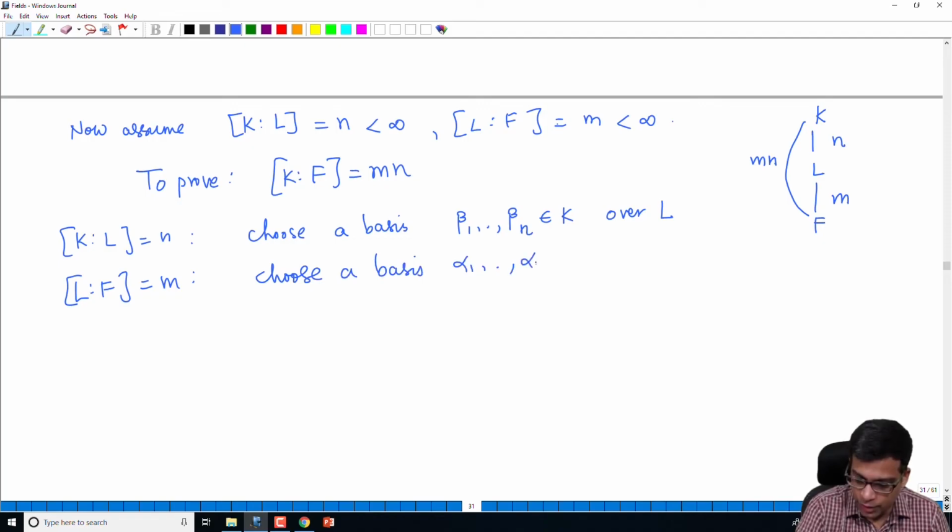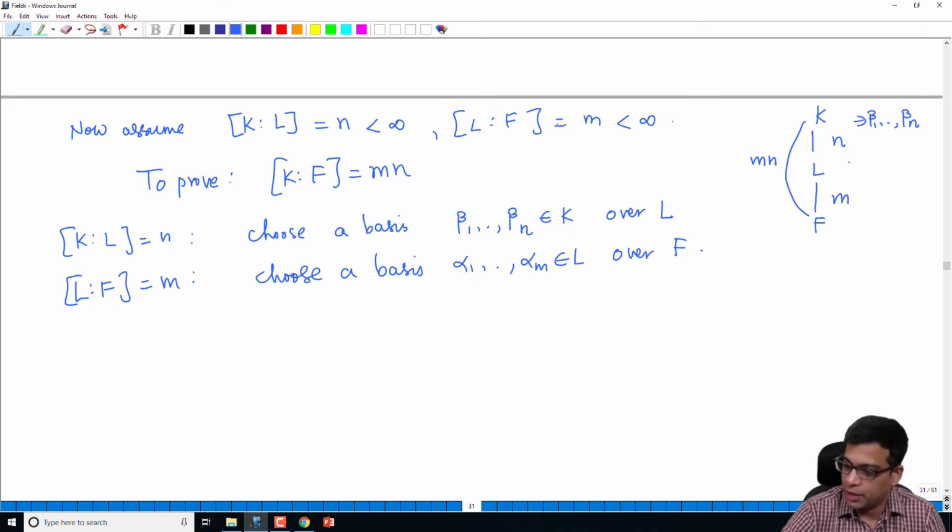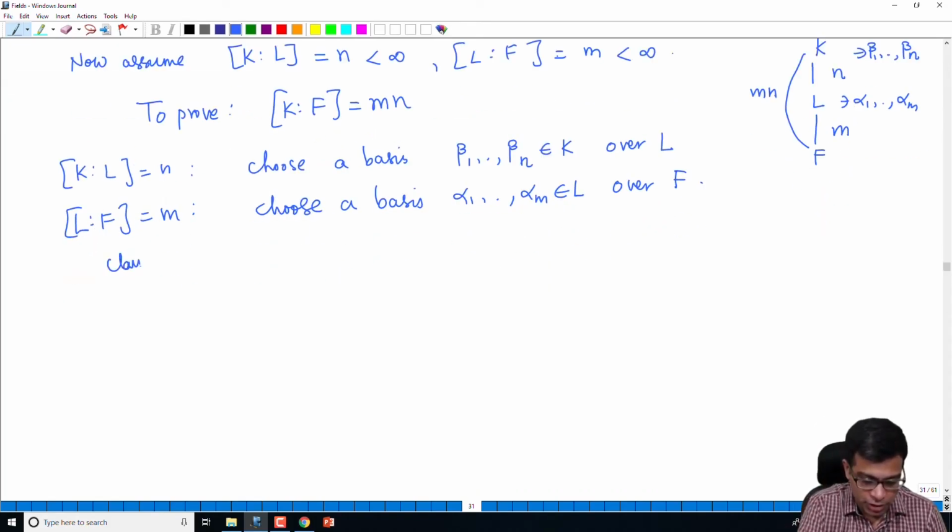L colon F is m, so similarly we can choose a basis alpha 1 through alpha m of L over F. So just to keep track of what we are doing, I have beta 1 through beta n here, alpha 1 through alpha m here, right? Beta 1 through beta n form a basis of K over L, alpha 1 through alpha m form a basis of L over F. Now the claim that will prove the statement that K colon F is mn is the following.